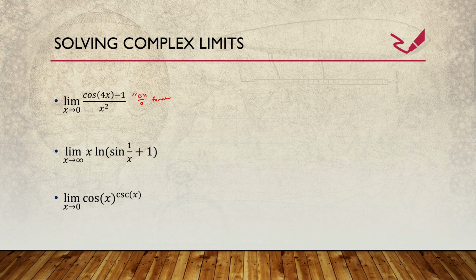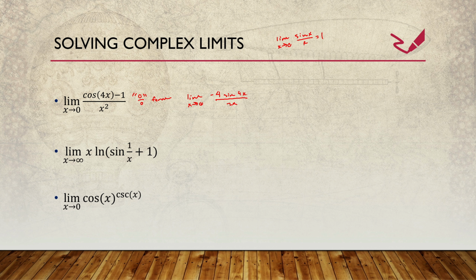And then we'll move on into actually writing out the equation. So if we do the derivative of the top function, you get negative 4 sine of 4x all over 2x. Now I also want to mention a neat little property that you will use in calculus, which is as the limit approaches 0, sine of x over x approaches 1.